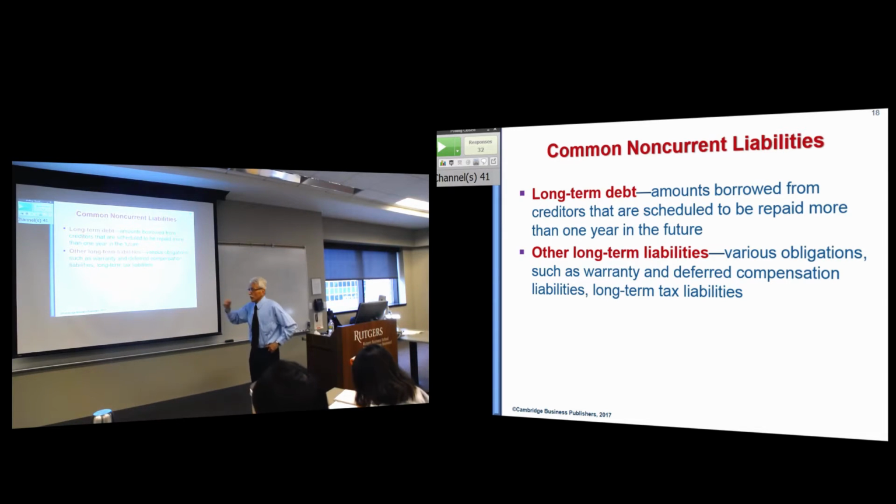Deferred compensation contracts: think about professional sports. How do you beat the salary cap? You build contracts that defer the compensation, but it's still a liability from the standpoint of the sports franchise, even though they're not going to be paying it for several years down the road.